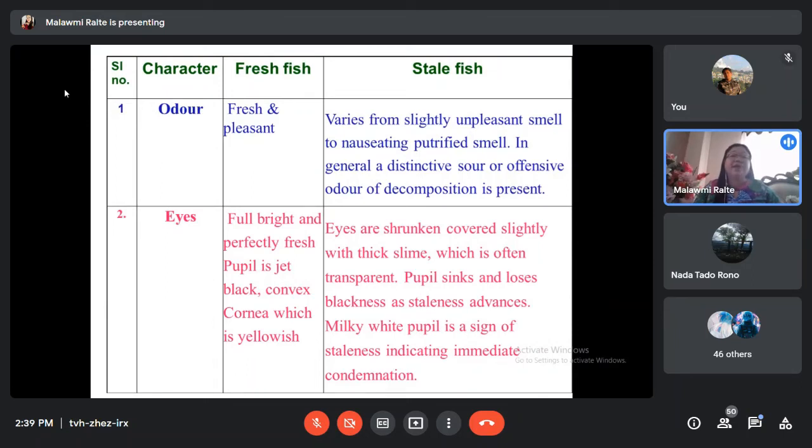The pupil is jet black and the cornea is convex and yellowish in color. In stale fish, the eyes are shrunken, covered slightly with slime, which is often transparent. The pupil also sinks and loses its blackness as staleness advances. And a milky white pupil is a sign of staleness indicating immediate condemnation.